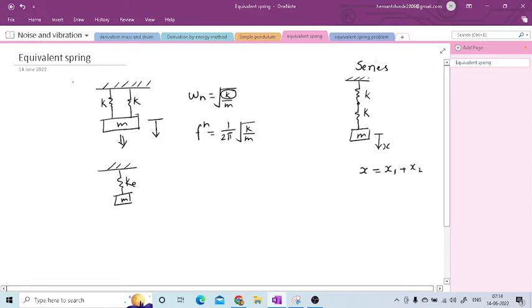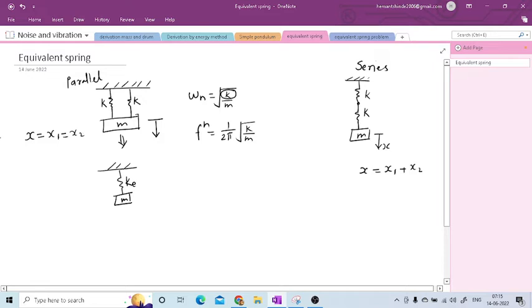But in parallel combination, you can see the deflection of both the springs is same. Means here the total deflection of this mass will be equal to the deflection of the first spring and equal to the deflection of the second spring.